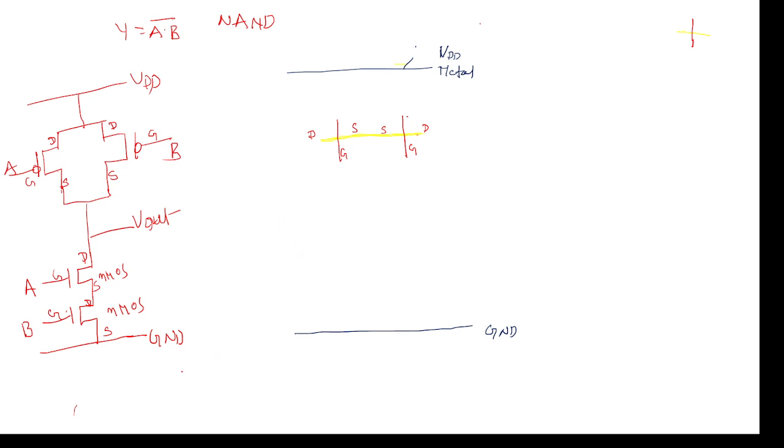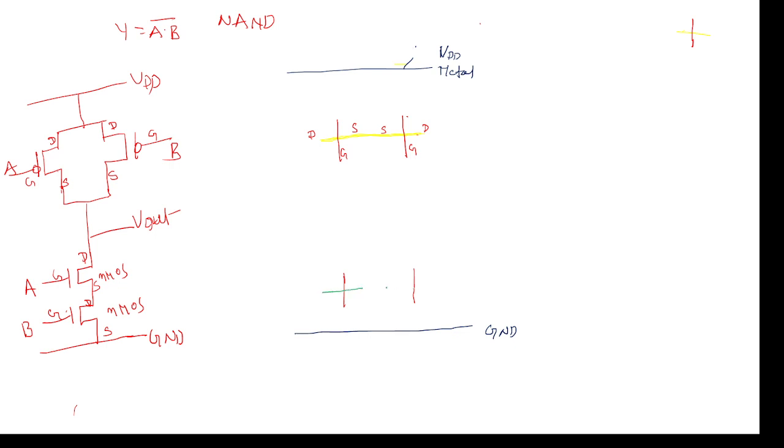Now coming to the bottom, again we require two NMOS transistors. Here also we can go either vertical or horizontal, so both ways you can draw. I will go with green. NMOS transistor means green over poly. So this is green, one transistor actually.